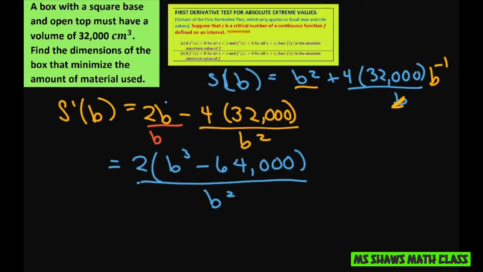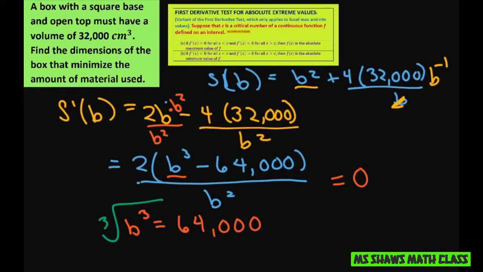Basically, if you put a B squared here, then you have to multiply this by B squared as well. That's why you get the B cubed. Now set this to 0, and for the numerator, you get B cubed equals 64,000. Cube root both sides. So B equals the cube root of 64,000, which equals 40.